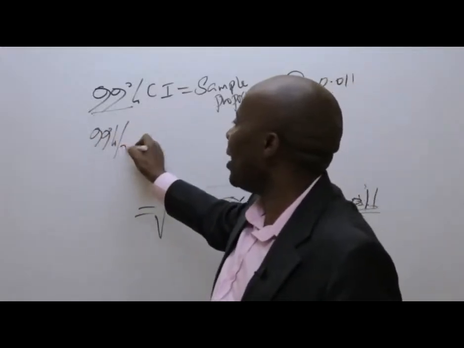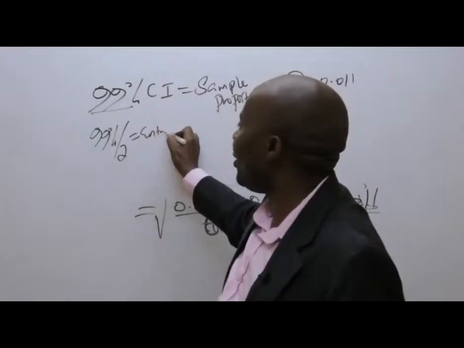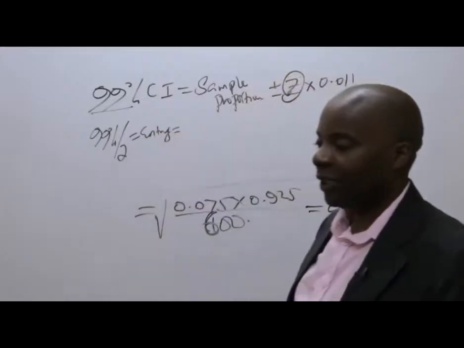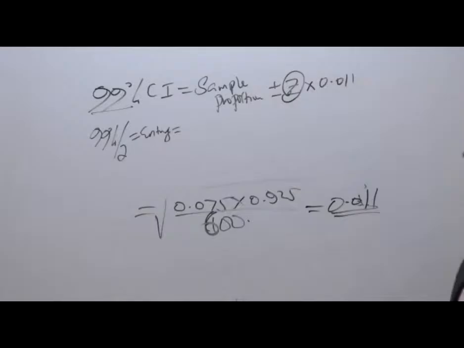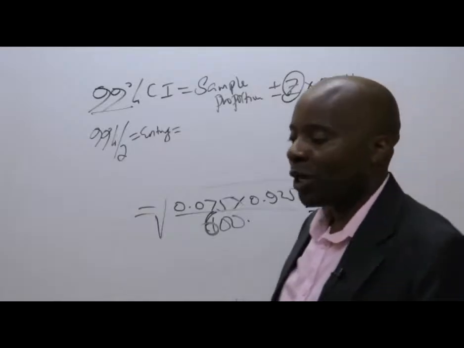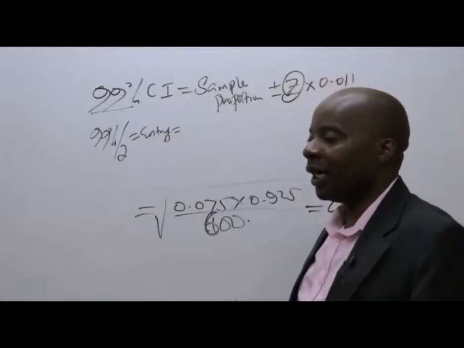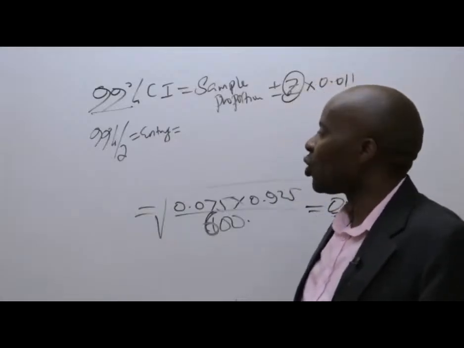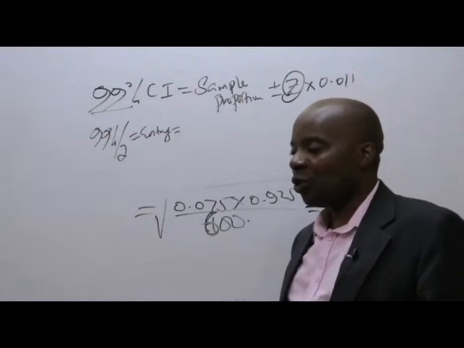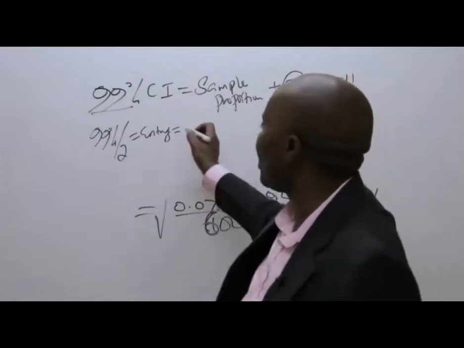You divide by 2 to have your entry figure. Somebody give me that figure: 99%, 0.99 divided by 2. What do we have? We have 0.495. Thank you very much.